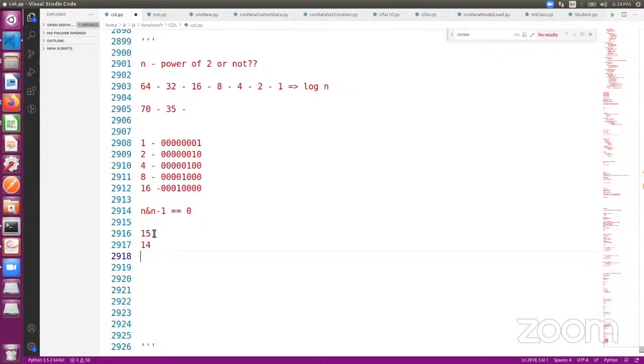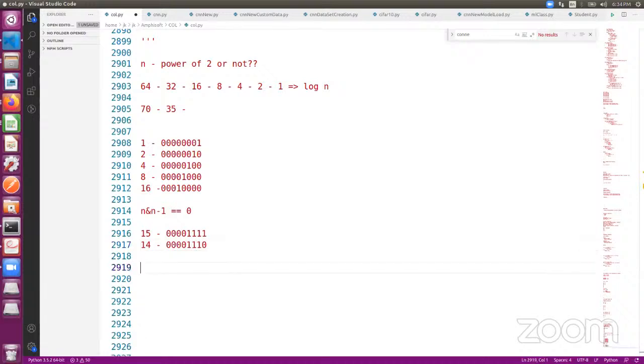If we take adjacent numbers, except for the power of 2, all other values will have the last bit set. Yes or no? What is it for 15? 0, 0, 0, 0, 1, 1, 1, 1. And for 14? 0, 0, 0, 0, 1, 1, 1, 0.